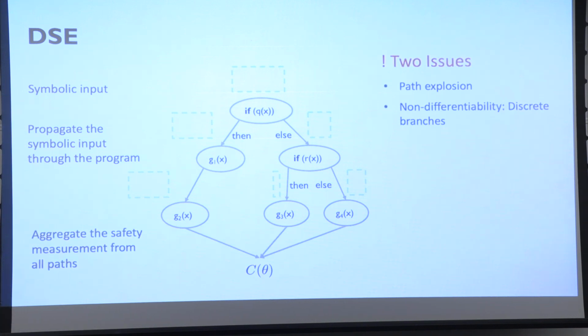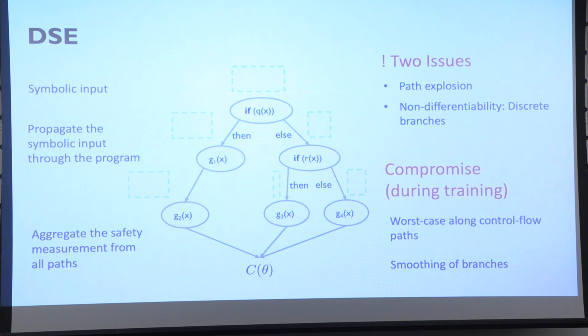The two issues that you're going to face are, first of all, this explosion in the number of possible paths that you have to take. And the second is that you're going to have these non-differentiable operations because of the discrete branches, like if-then-elses and while loops and so on. These are in general non-differentiable.